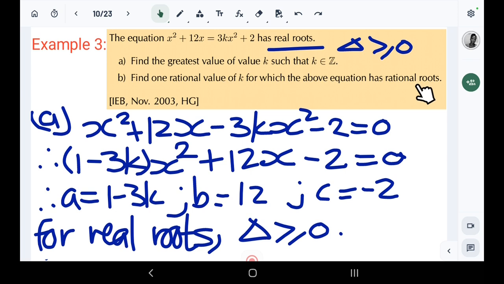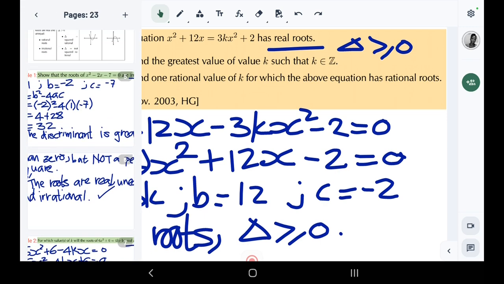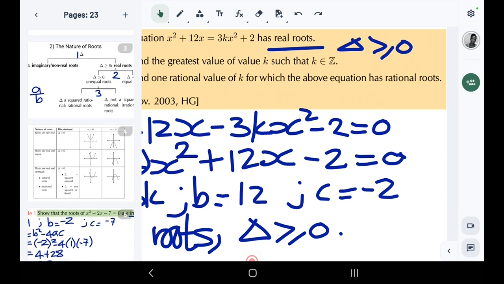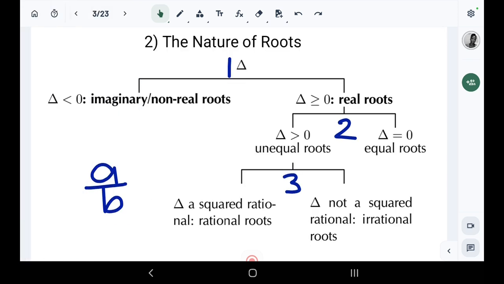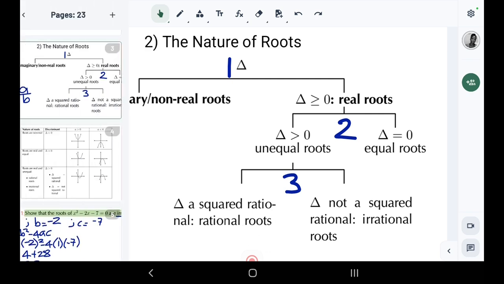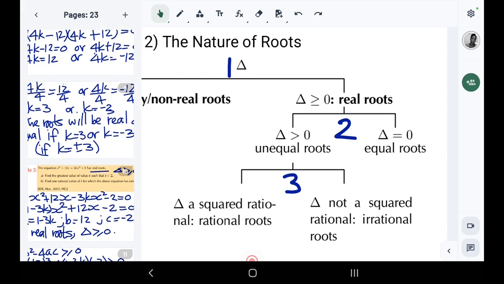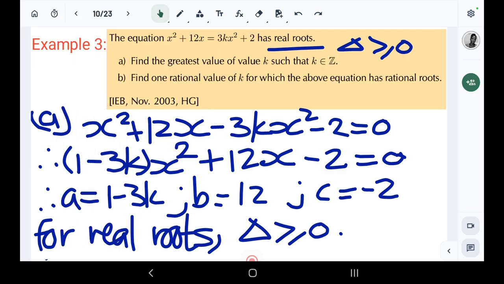Now, when do roots become rational? That's when we have a perfect square. Let's go back to the diagram. Roots are rational when your discriminant is a perfect square. Now let's go back to the question.